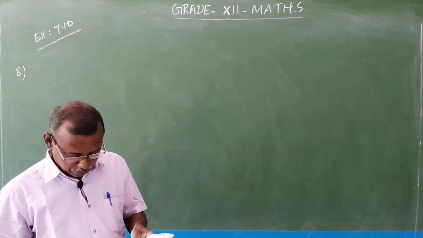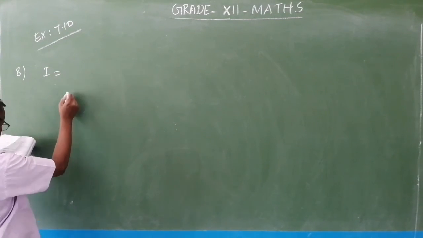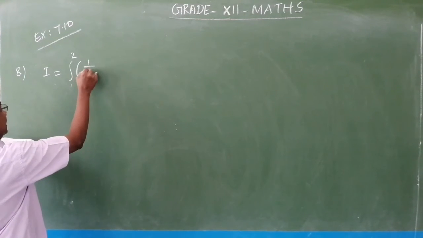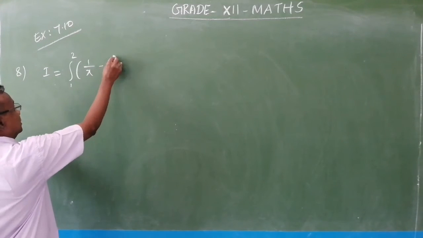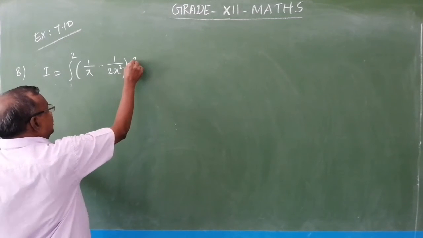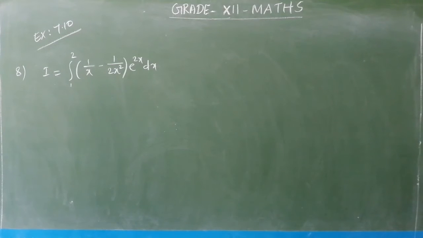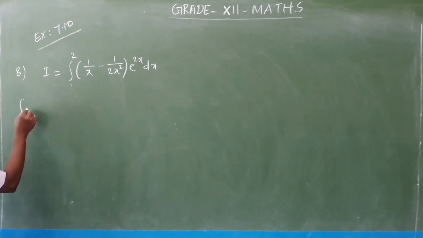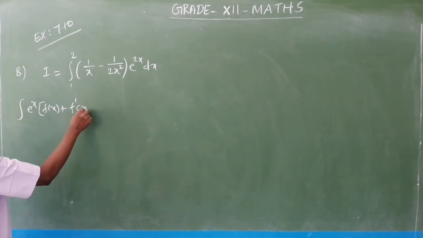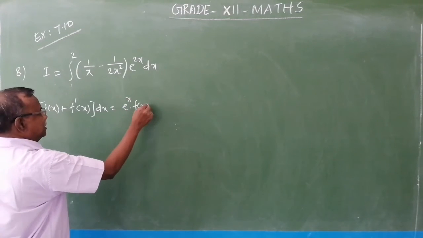Next, question number 8. Assume that I equals the integral from 1 to 2 of (1 by x minus 1 by 2x square) into e power 2x into dx. We know the formula: integral of e power x into (f of x plus f dash of x) into dx equals e power x into f of x plus c.